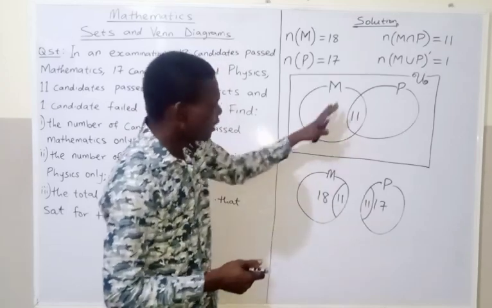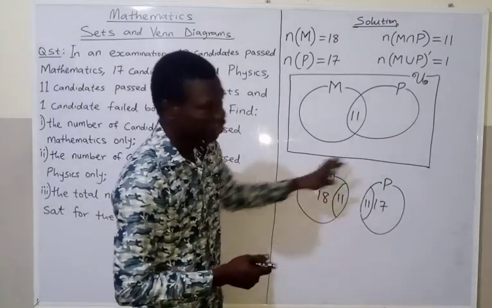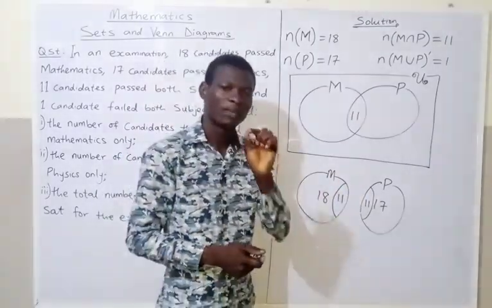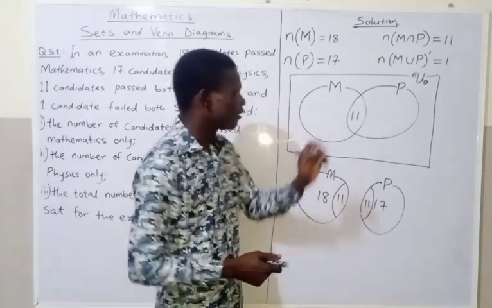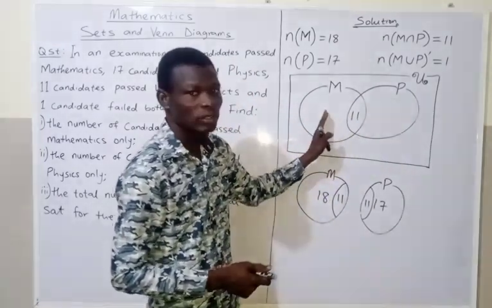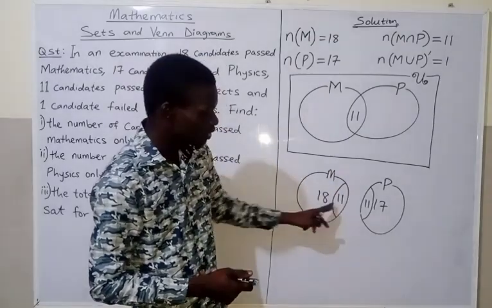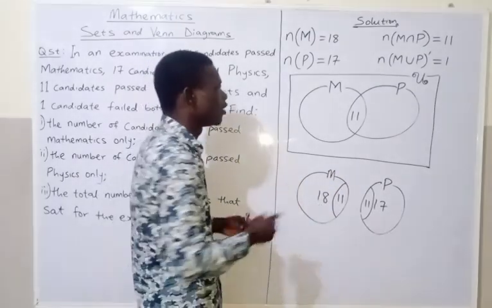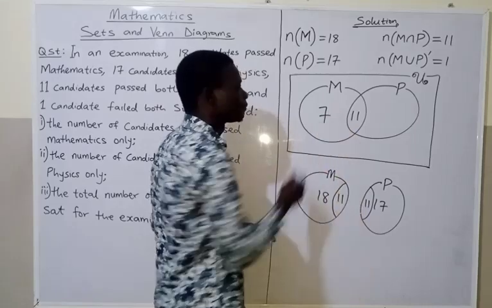Now, if 18 candidates passed mathematics generally, how many candidates passed mathematics only? They passed mathematics, but they did not pass physics. So that is mathematics only. So of course, we are going to take away this 11 from 18, and we'll be left with 7 here.